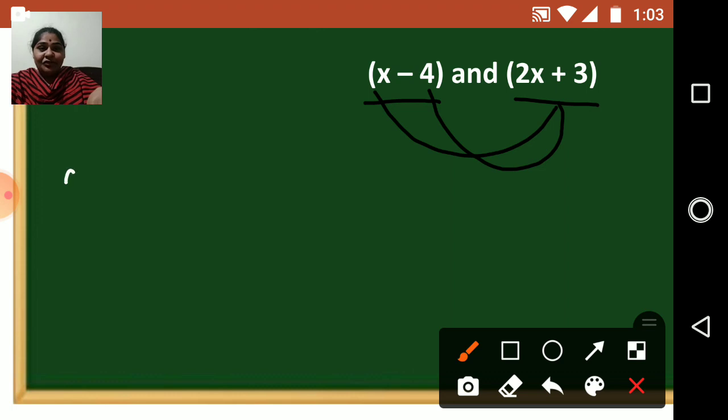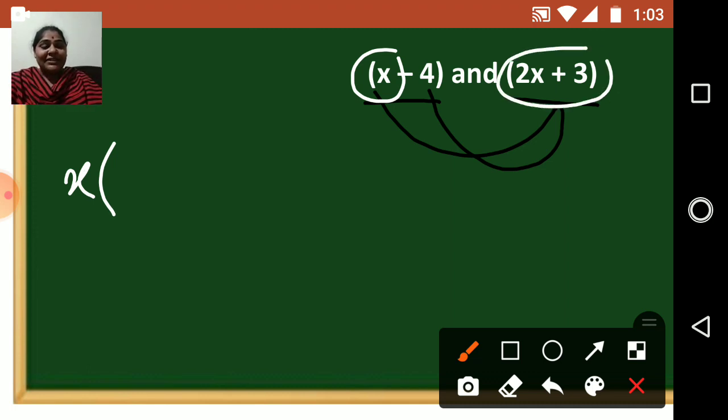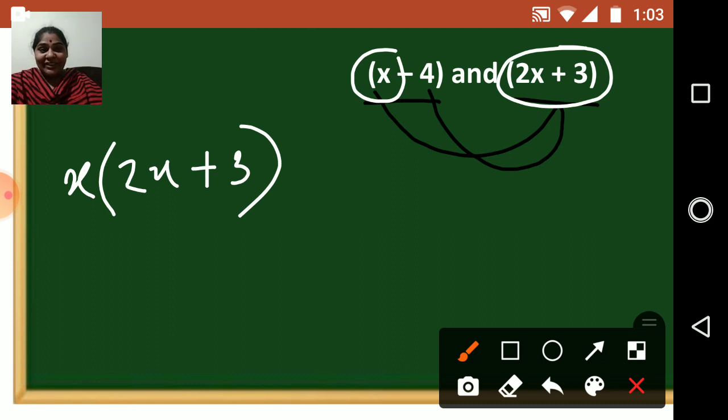So I will take the first term from the first expression, that is x minus 4. I have taken the first term, that is x, multiplied by, in the bracket, the complete second expression, that is the second binomial, 2x plus 3. I hope this is clear.